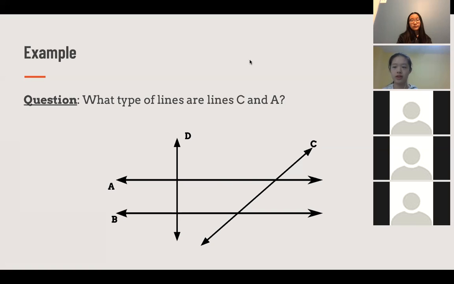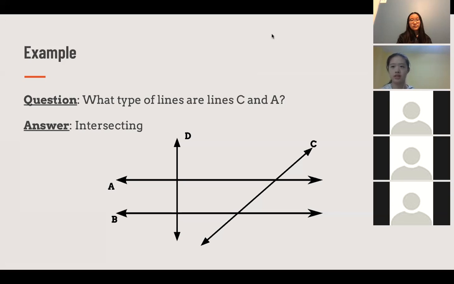And specifically, it's about C and A. Yes, C is a transversal though. Okay, so yeah.